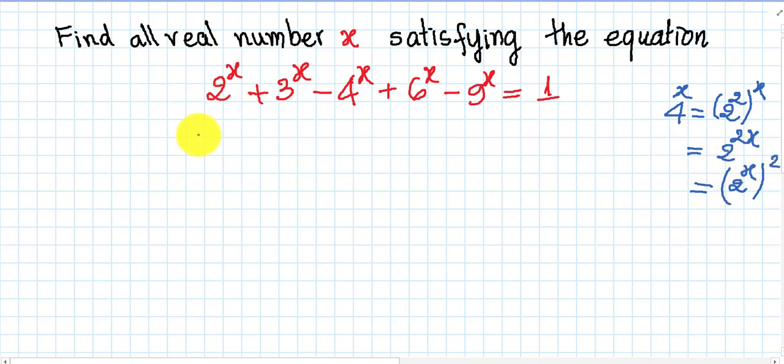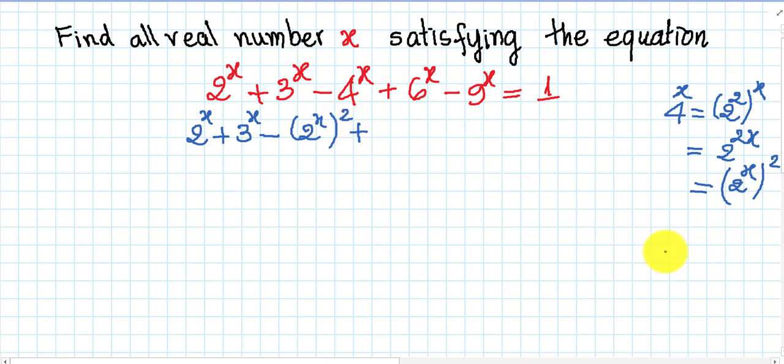So we can write 2 power x plus 3 power x minus (2 power x) all squared plus 6 power x.